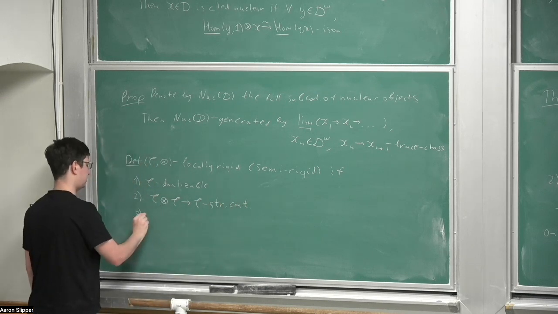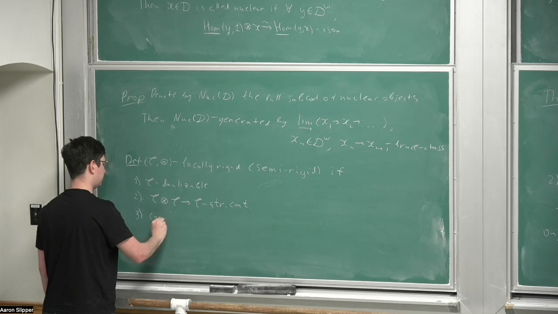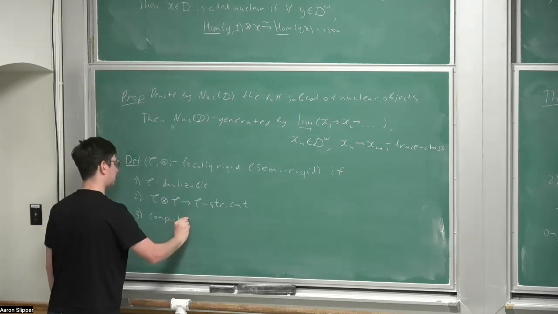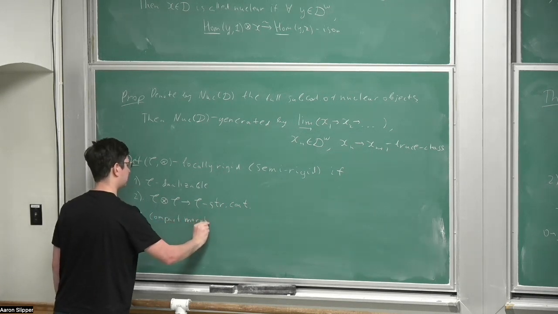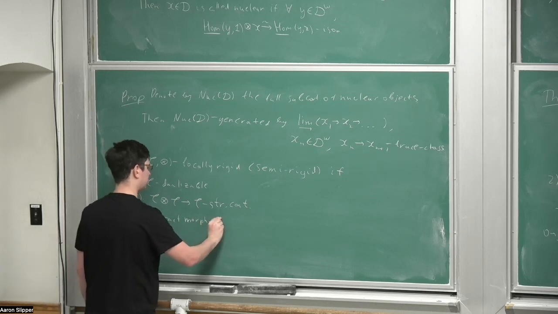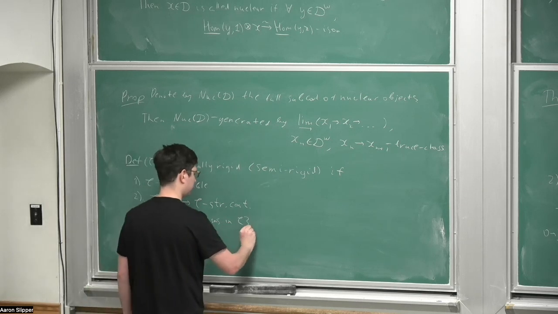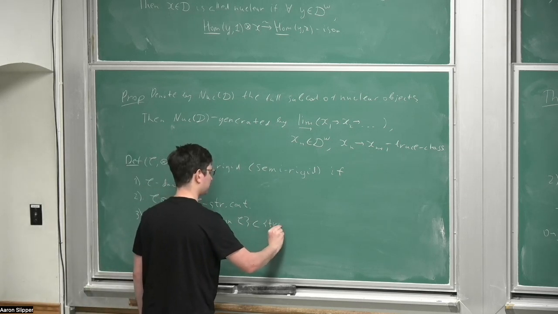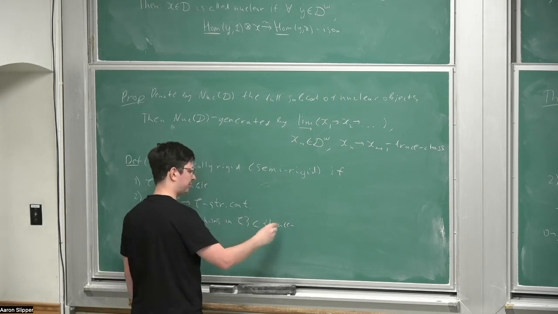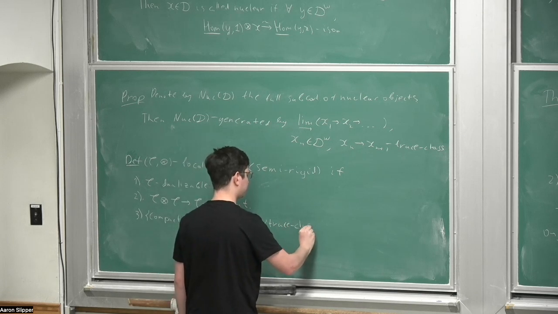C is dualizable. The multiplication functor from C tensor C to C is strongly continuous. And the third is that compact morphisms in C are contained in trace class. So compactness of a morphism implies that it is trace class.